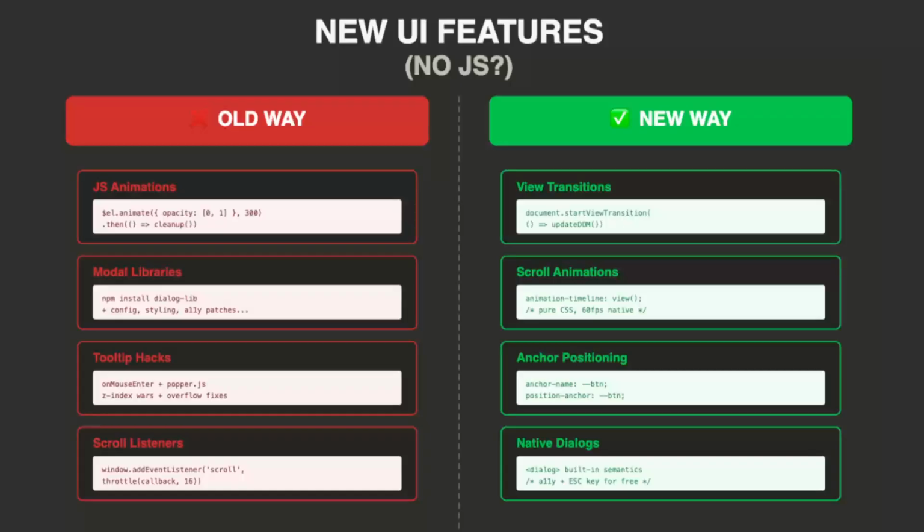Tooltip hacks, well, we don't need them anymore because we have anchor positioning. And scroll listeners, well, we don't need them anymore because we have scroll animations, or maybe we need them, but that's just the old way, right? But the new way with scroll animations, we can do it natively without the overhead of JavaScript.